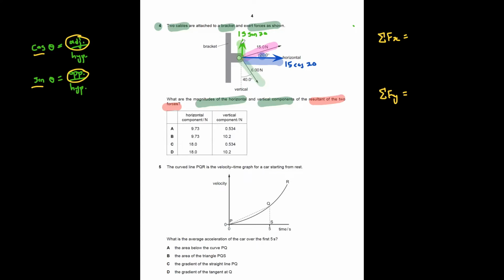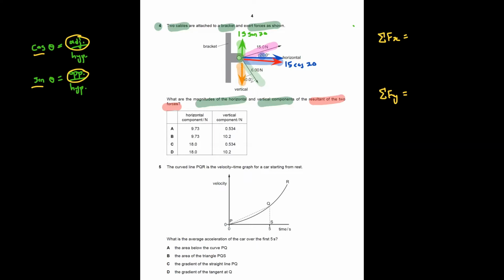Then you move on to the next force, the 6 Newton force. Same thing as before, I can actually resolve this force into 2 perpendicular components, one that is horizontal like this, and then one that is vertical like this. Okay, for the horizontal component, is it adjacent? No, it's not adjacent to any angle. It's actually the orange colored force here.